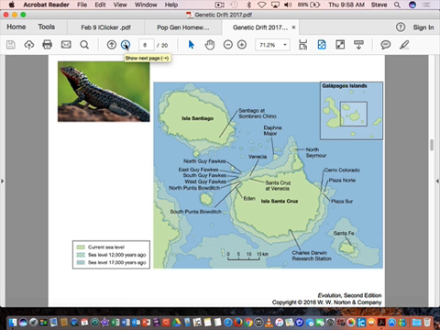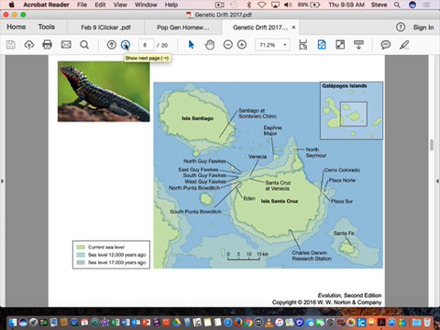So what's happened over time? What's happened to the island areas? They've shrunk, right? What's happened to the connection between populations? Has the connection become greater or less? Have they become more isolated or less isolated? They've become more isolated, right?